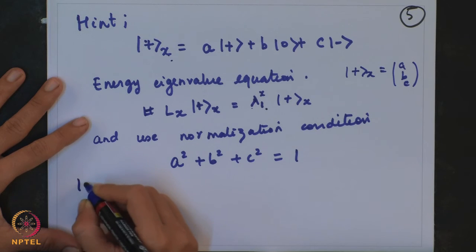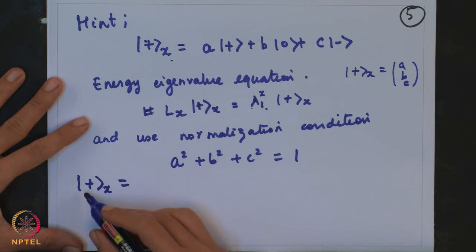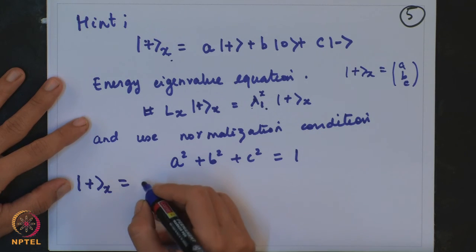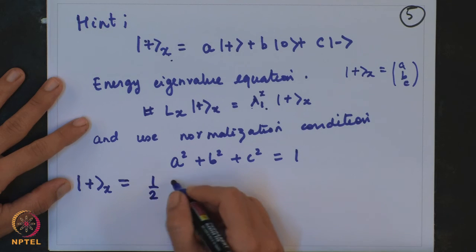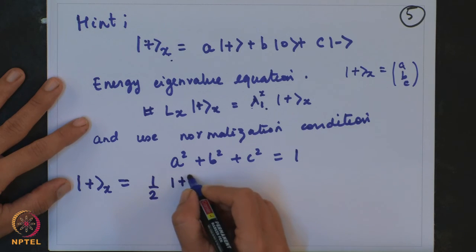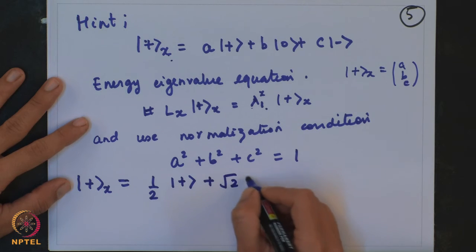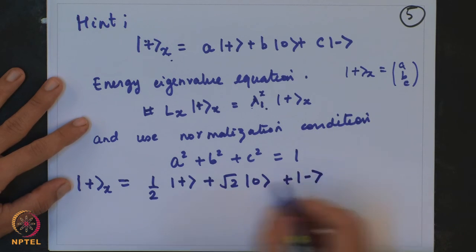So, what I have obtained is that the plus ket in the x basis will be 1 by 2 ket plus, plus root 2 ket 0, plus ket minus.